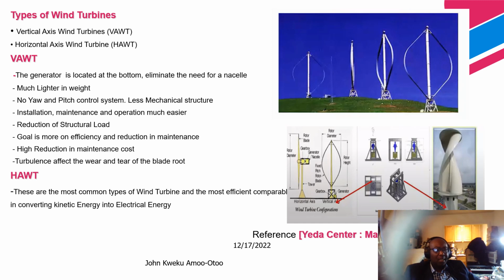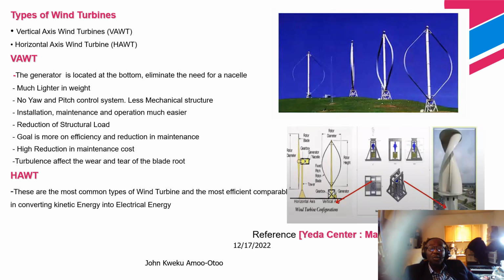Now let's dive deeper into what a vertical axis wind turbine looks like. For a vertical axis wind turbine, the generator is located at the bottom, right here. Compared to a horizontal axis wind turbine, where the generator and the turbine are located in an enclosure called a nacelle, that is the difference.